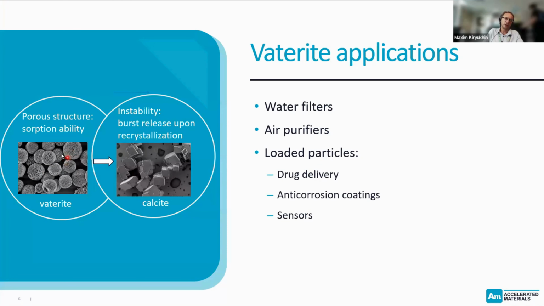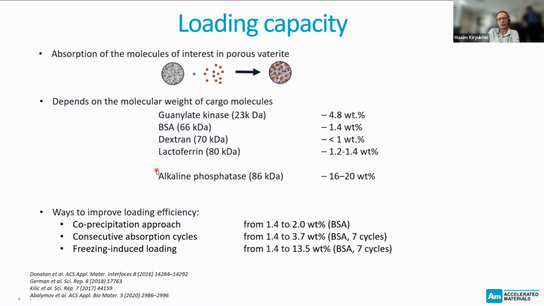And also, as I said, this is a very unstable structure. The Vaterite tends to recrystallize into its more stable form, into calcite. During this process, you may initiate a burst release of whatever molecules are loaded in the particles. So these two properties, the high porosity and tendency to recrystallization, define their applications.